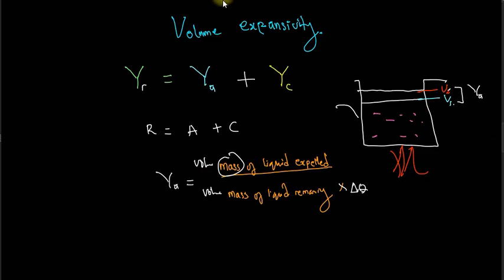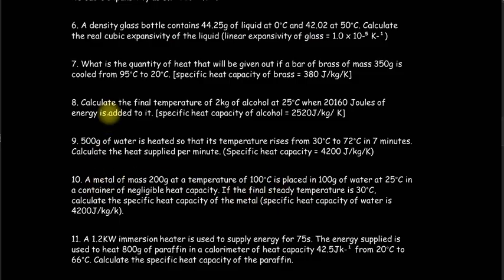So let's solve that question. Number 6. A density bottle contains 44.25 gram of a liquid at 0 degrees Celsius and 42.02 at 50 degrees Celsius.